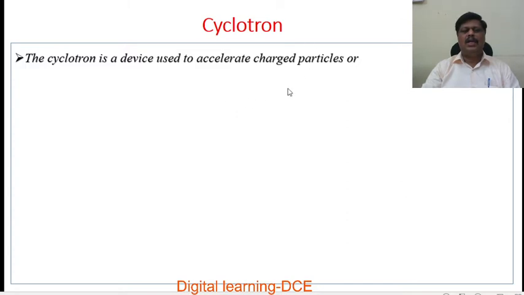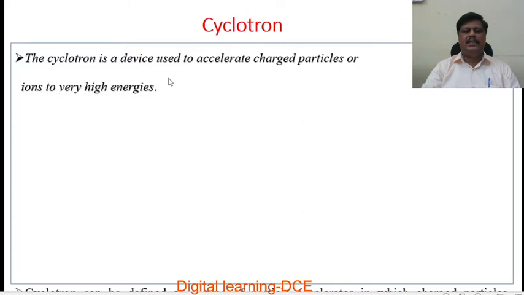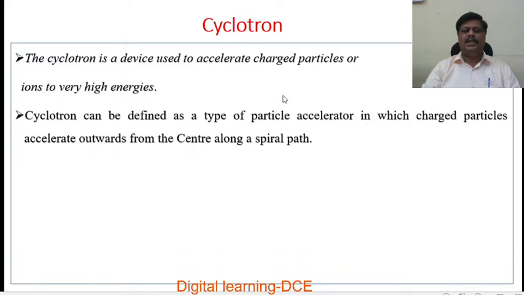First of all, what is a cyclotron? Cyclotron is a particle accelerator, and it is a device used to accelerate charged particles or ions to very high energies required for nuclear reactions and other experimental physics.